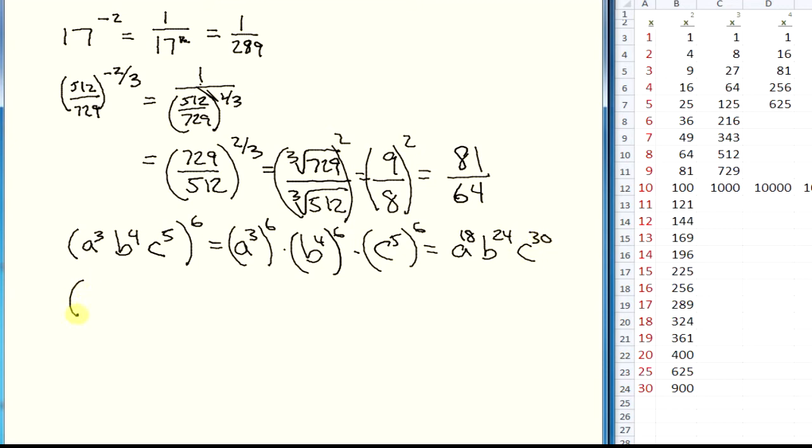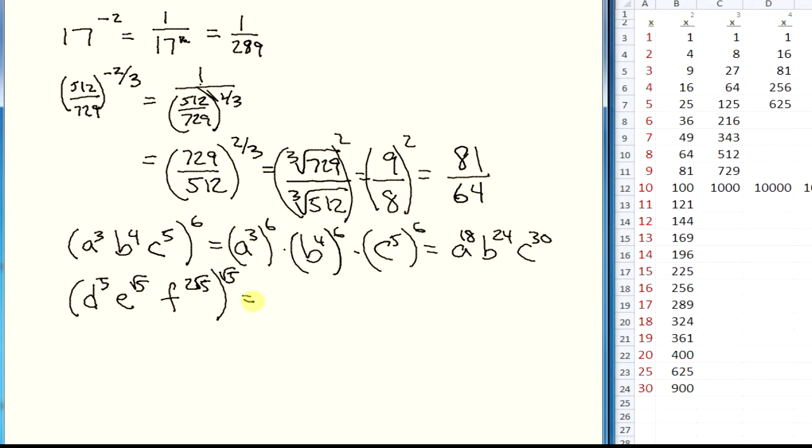Sometimes we can make a problem look more entertaining just by adding some radicals with it. For example, if I have d raised to the 5, I have e raised to the radical 5, and I have f raised to, let's say, 2 radical 5, and then I decide to raise the whole thing to a radical 5, you're going to have to remember all the different rules involving the radicals.